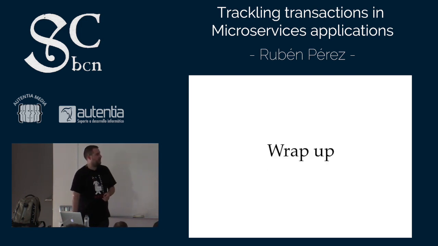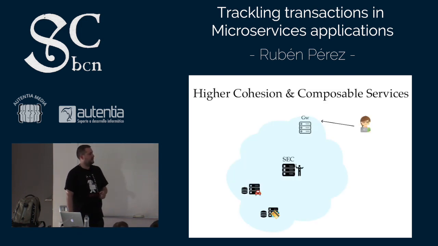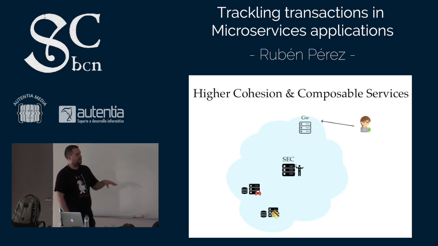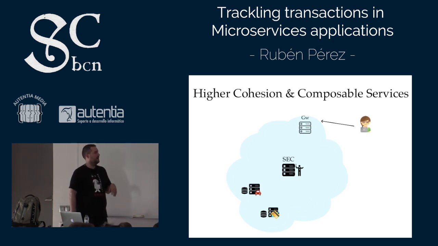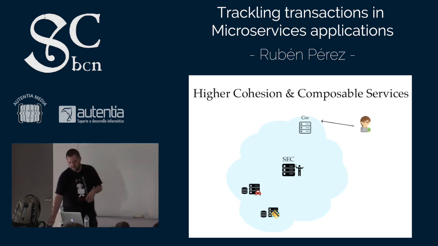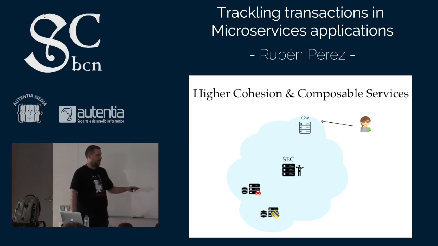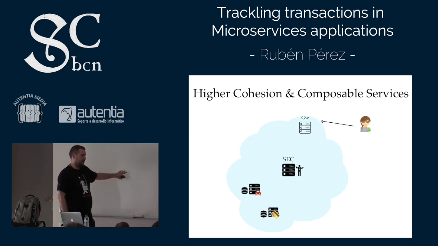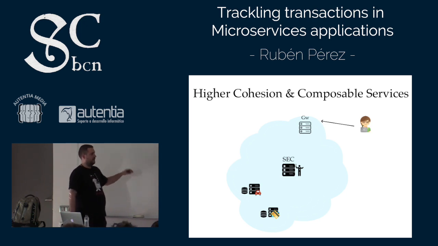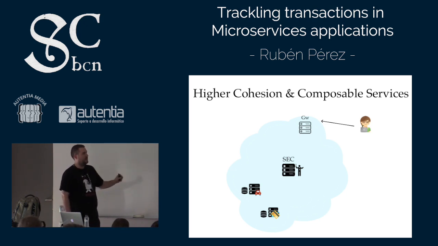So, as a wrap-up, this implementation of sagas allows us to have a higher cohesion in our system and more composable services. For example, if our application was just for car rental, we can have two microservices, one dealing with car rental in an atomic way and another for the payment. And we can have the two-step flow implemented in the coordinator.